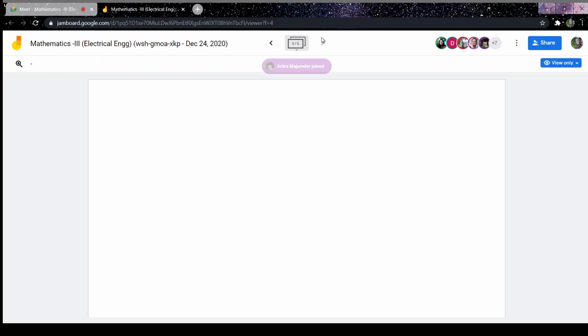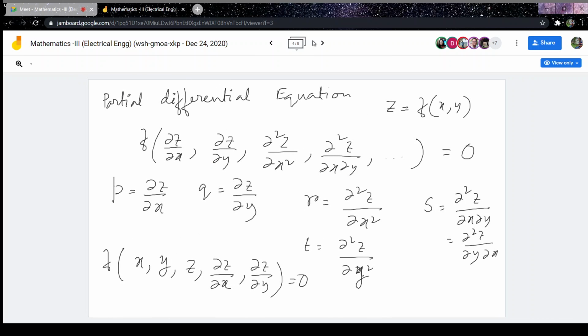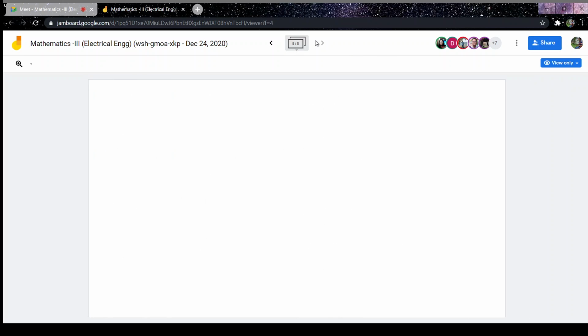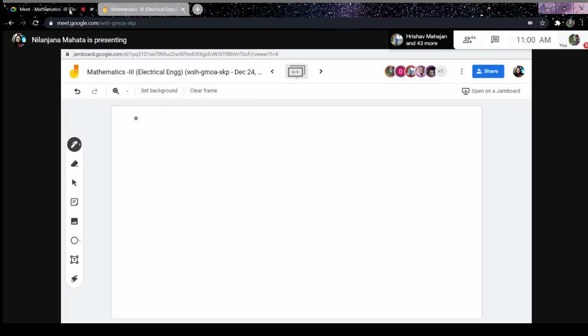Now, how do we form a partial differential equation? Do you remember that for an ordinary differential equation, the number of arbitrary constants is the order of the differential equation, and suppose you have a relation containing two arbitrary constants, then we eliminate those arbitrary constants and find the ordinary differential equation.